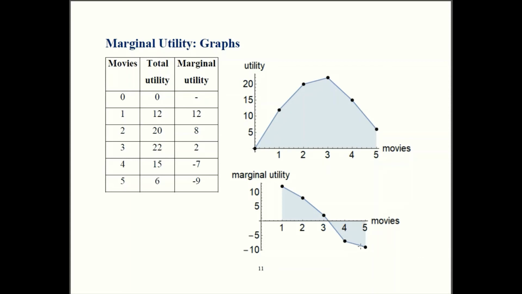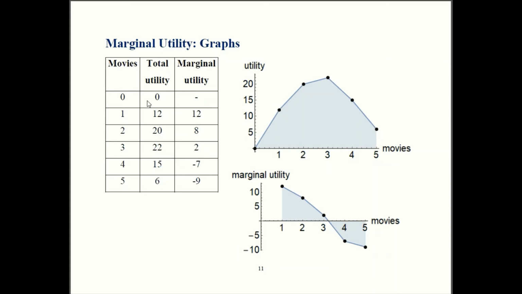So we said that we had 0 utility from 0 movies, and 1 movie gives you 12 units of utility, 12 utils. 2 movies gives you 20, and 3 is 22, and so on. So you can see how the graph curves like that. And the marginal utility is graphing this last column here.